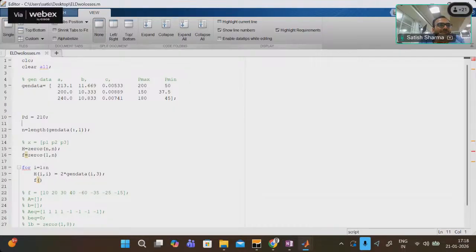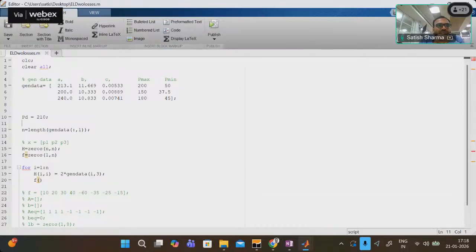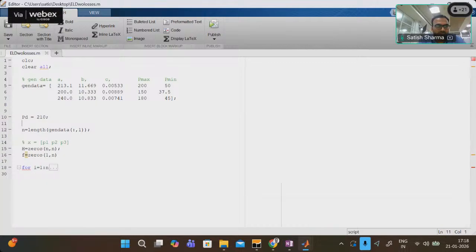Expand, editor. Publish code. Control or Alt? No, it is just minimizing the for loop for me.